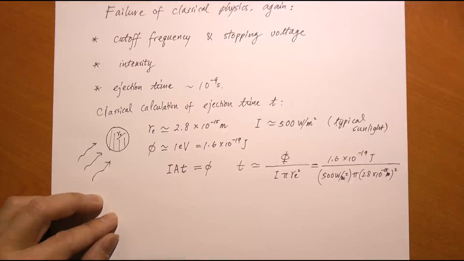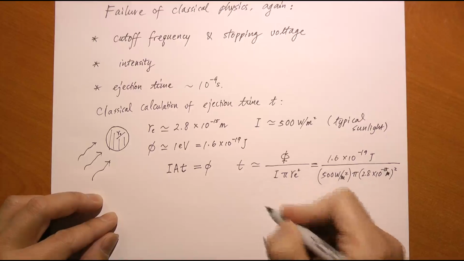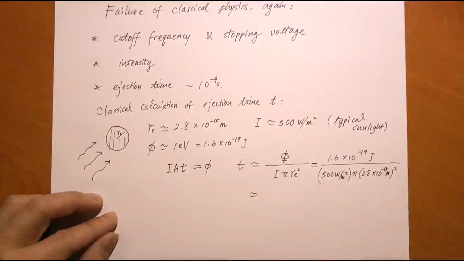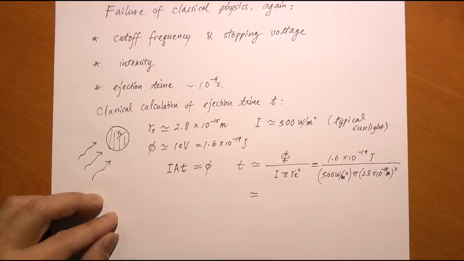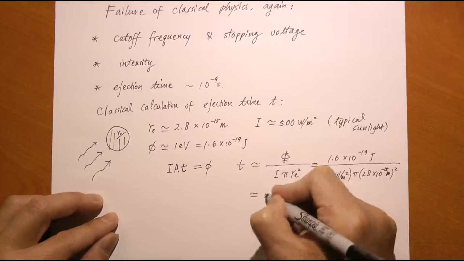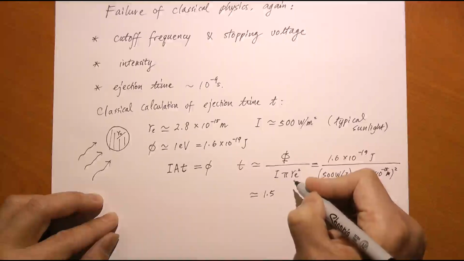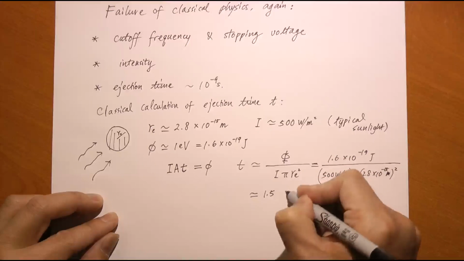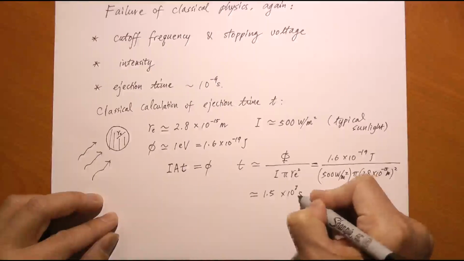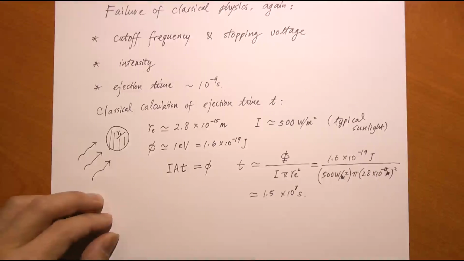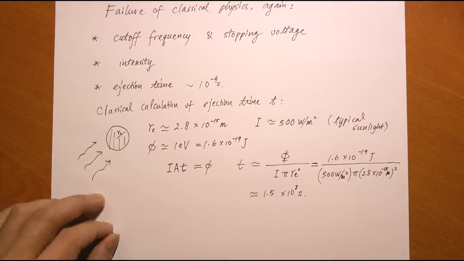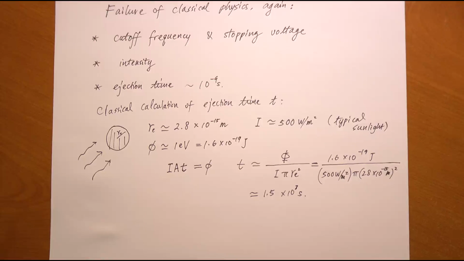If you do this calculation, you will find an astonishing result: the time it takes for the electron to gather enough energy, or 1 eV, is about 1.5 times 10 to the 7 seconds. Okay, you know what? This is about 1 year and plus a couple of months. So the electron has to wait over a year to get enough energy to produce a photocurrent.